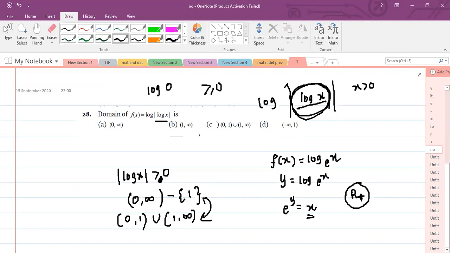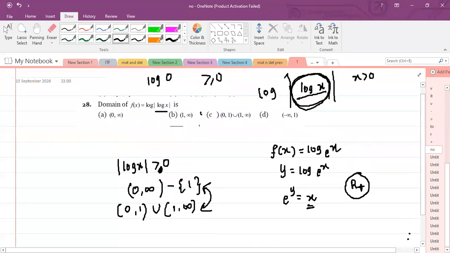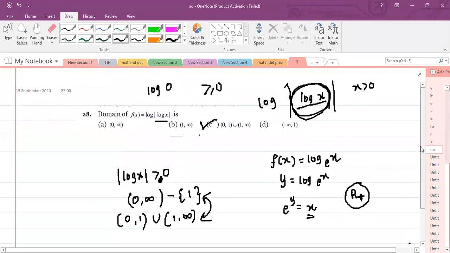Let me consider a real line, with 0 and infinity. 0 to infinity minus singleton 1 means a blank circle at 1. Therefore, it will be the open interval 0 to 1 and 1 to infinity. So it is option C.